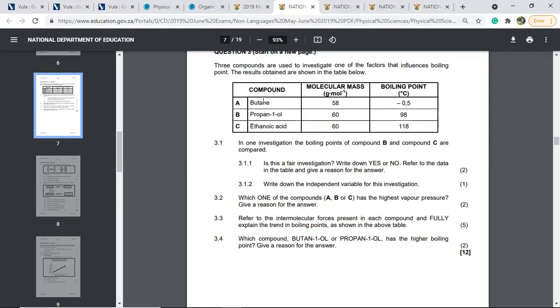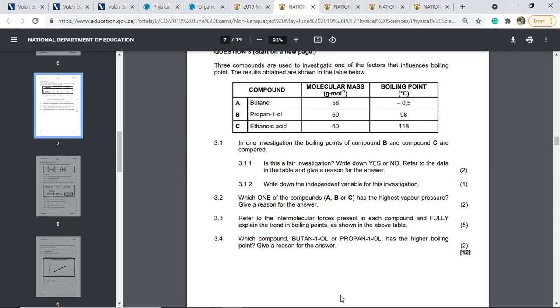Well, butane belongs into the alkane group. And we know that in the alkane group, the carbon atoms are bonded to each other in single bonds. And those single bonds are the London forces. Those forces are quite weak if we are going to compare them to propan-1-ol, which is an alcohol, where there is an oxygen atom.